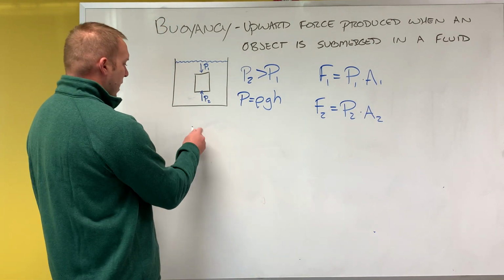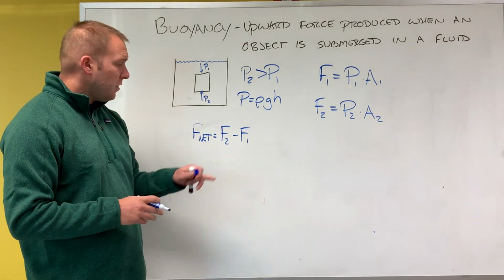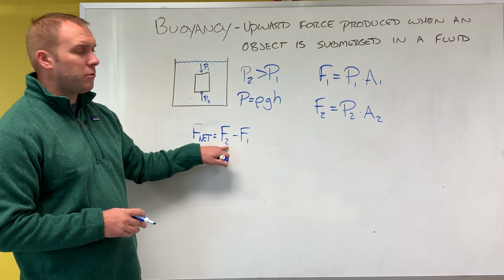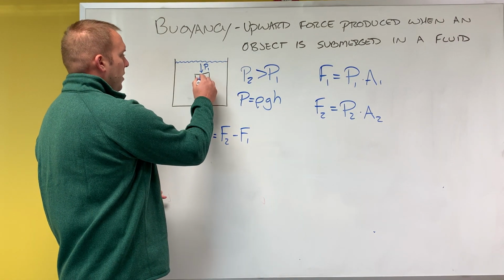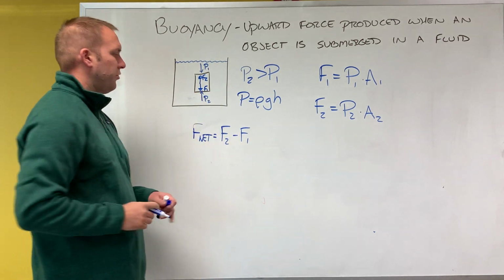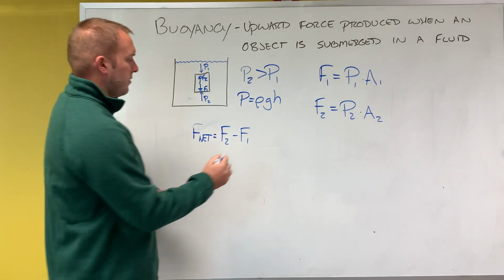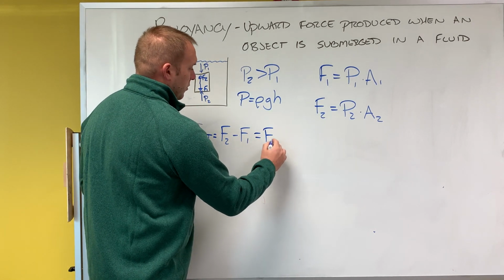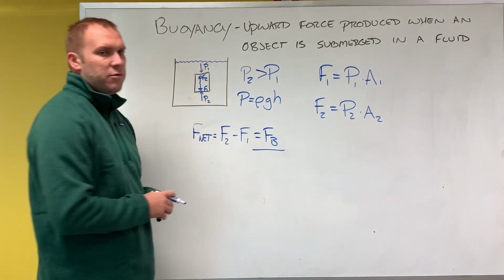What we can then look at is the net force. The net force is going to be F2 pushing up minus F1 pushing down, and that's going to be what produces my buoyant force, or FB.